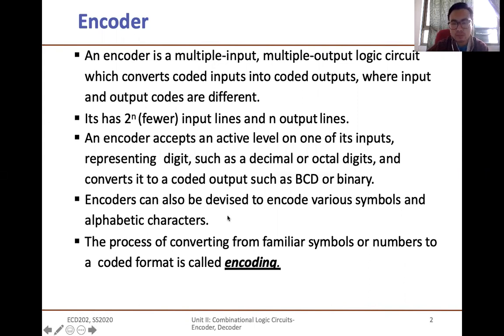Encoder can be a device which will encode various symbols and alphabetic characters. So the definition of encoder is: the process of converting from familiar symbol or number to coded format is known as encoding.